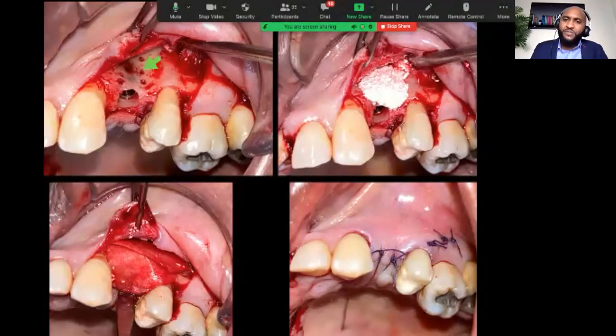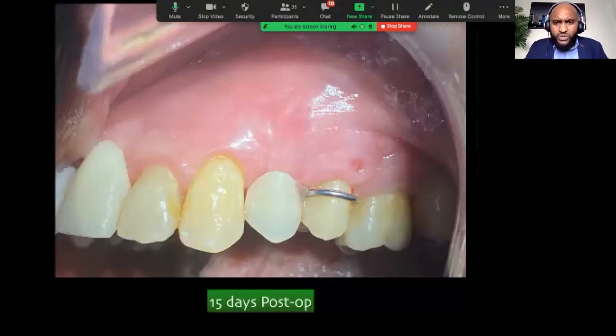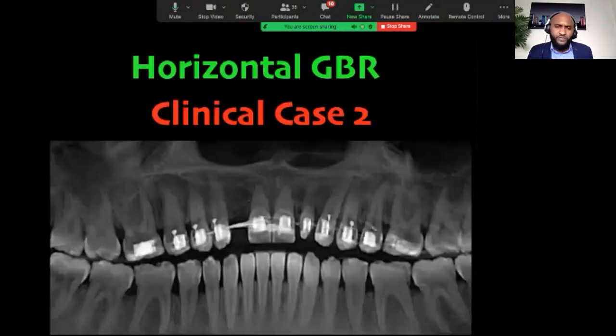So same site, 15 days later, there's almost no trace of what we did. This is a case that is currently, we are waiting for the healing, then we can expose and load the implant.